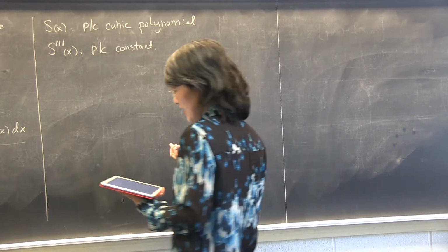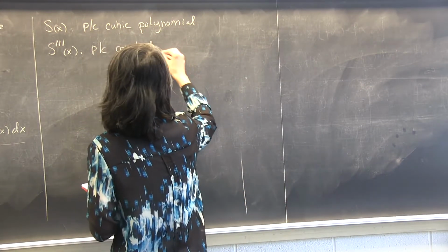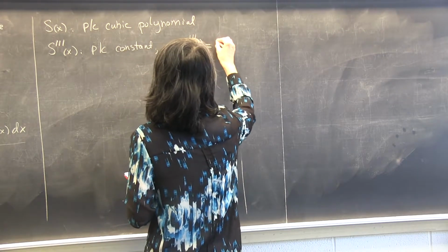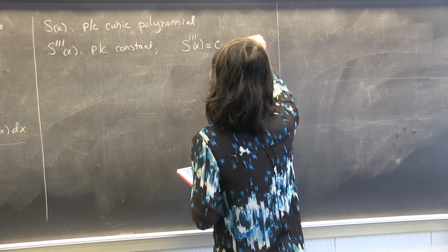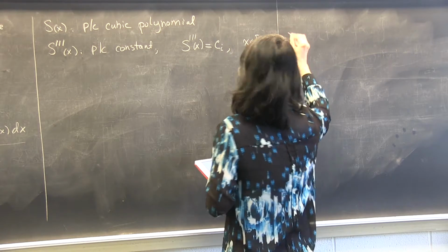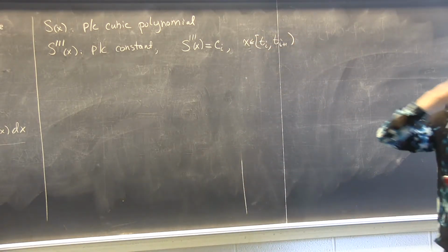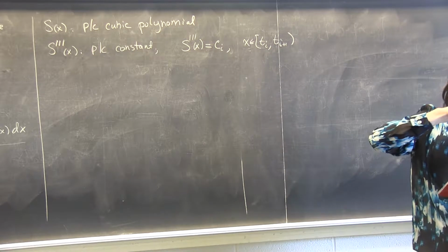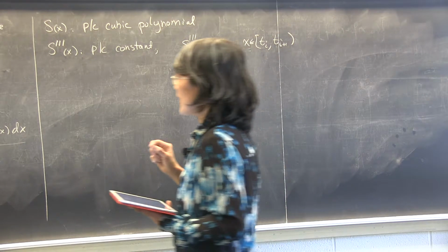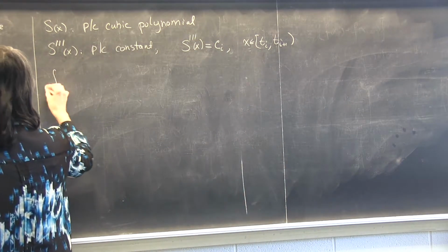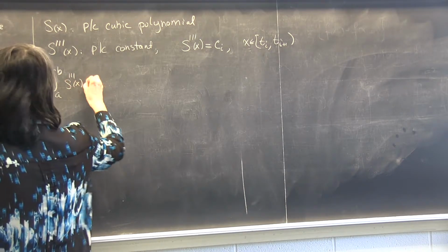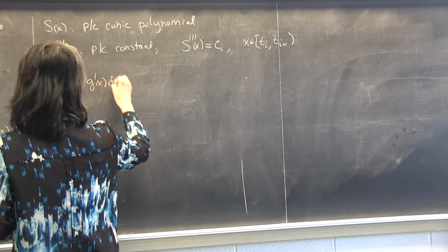Okay, so let's denote it by something. So let's say S triple prime of x equals ci for x on the interval from ti to ti plus 1. Is that okay? Let's make it left continuous. Okay, then let's look at this integral. Integral from a to b, S triple derivative of x, g prime of x dx.